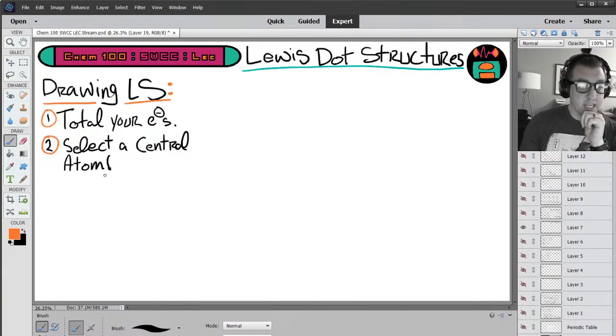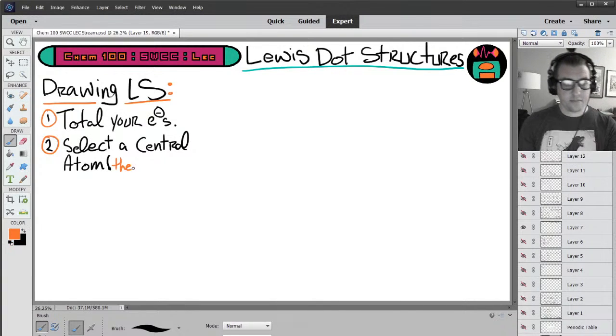Your central atom is the atom that likes to make the most bonds.